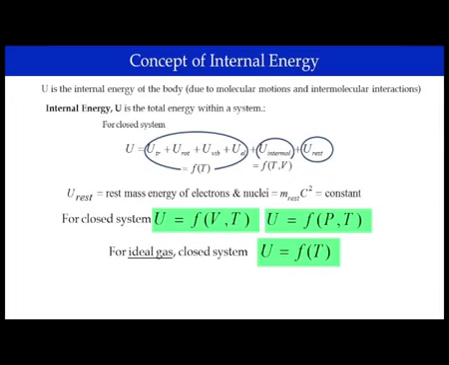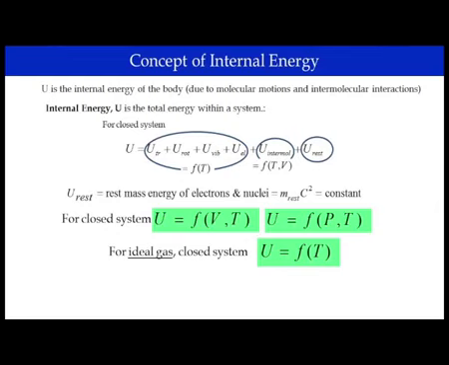And the second term, the energy due to intermolecular interactions, will depend on the distance between the molecules, which will depend upon temperature and volume, or you can say temperature and pressure as well. So, the first 4 terms are dependent on temperature, the second term is dependent on temperature and pressure or temperature and volume, and this is a constant term.